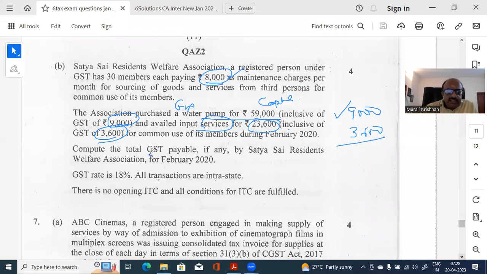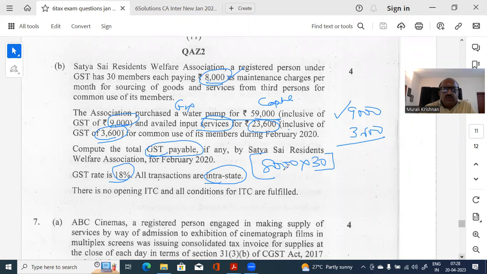Now, what is the GST liability they are asking? See, so what is the liability? 18% GST rate. Intra-state they have given. Therefore, 8,000 is the gross. So, 8,000 into 30. Now, the confusion will be, sir, is 8,000 including GST or exclusive? Now, that part of it, you will have to take a call and give a note saying that this is exclusive of GST. You have to add that.